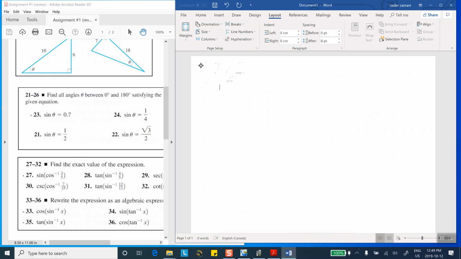Number 28. Tan of sine inverse of 4 over 5. Okay, solution 1. We call this thing u. As soon as we do that, it means sine of u is equal to 4 over 5, and u is between pi over 2 and minus pi over 2.